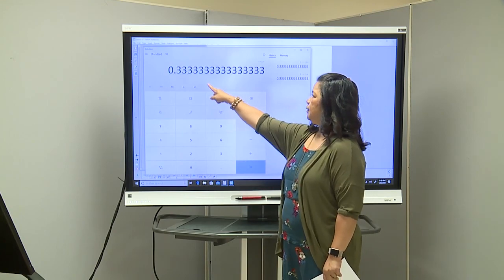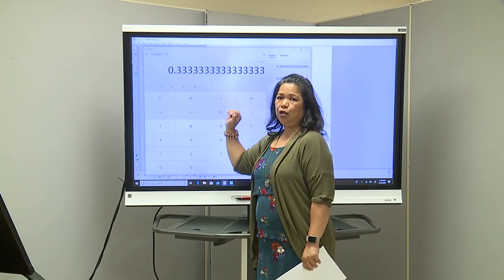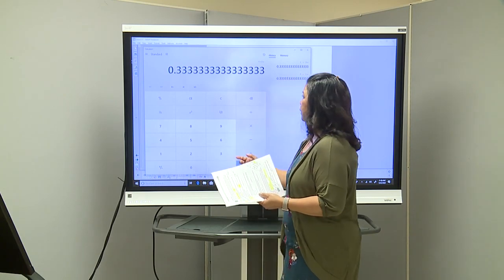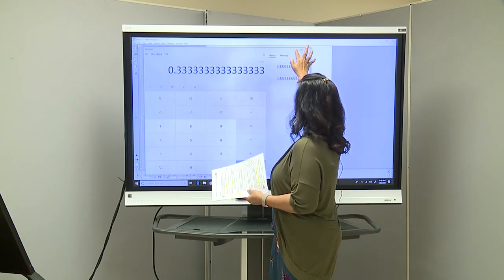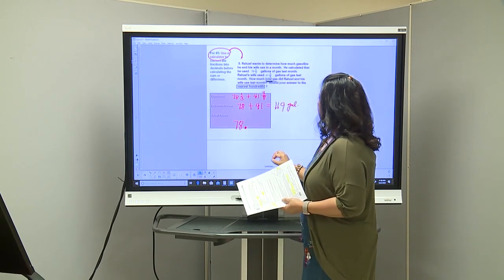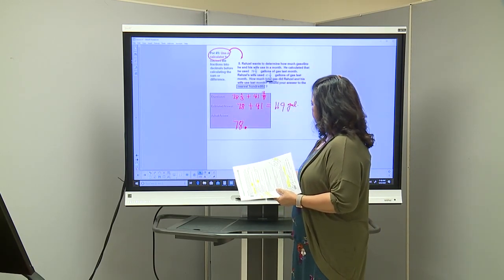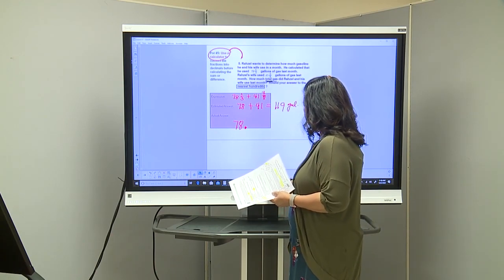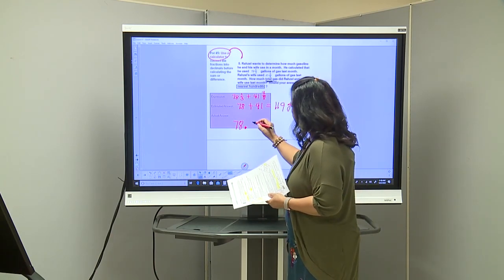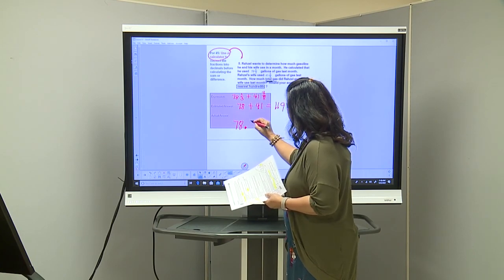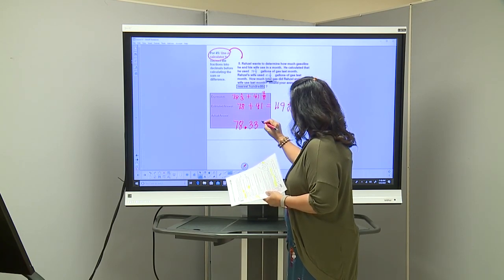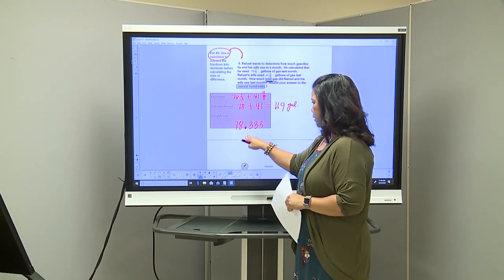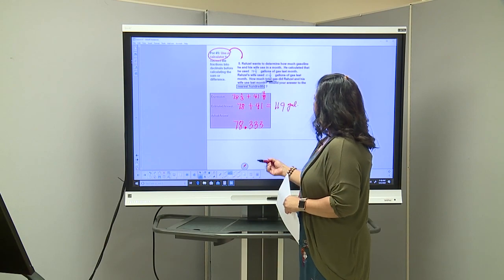And that is your quotient. Are we going to write them all? No, we're not. We are just going to write it in probably thousandths place, and I'll tell you why I chose thousandths place later on. So remember that 1/3 is .333, and it doesn't end, right? So I'm going to stop at the thousandths place.